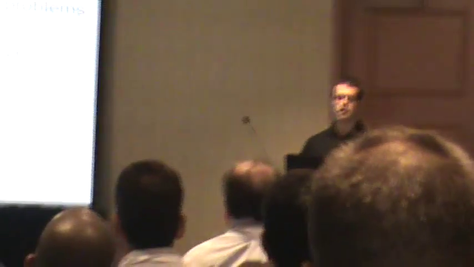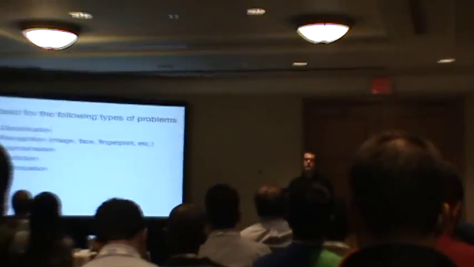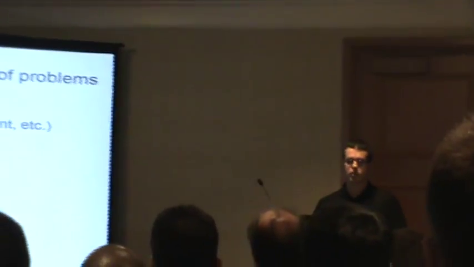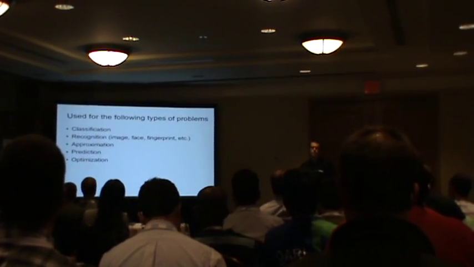The typical problems that neural networks are used for include problems like classification. That's one of the most typical applications. Then recognition problems, which include image, face, fingerprint, sound recognition, or any kind of signal processing and recognition. Then approximation.